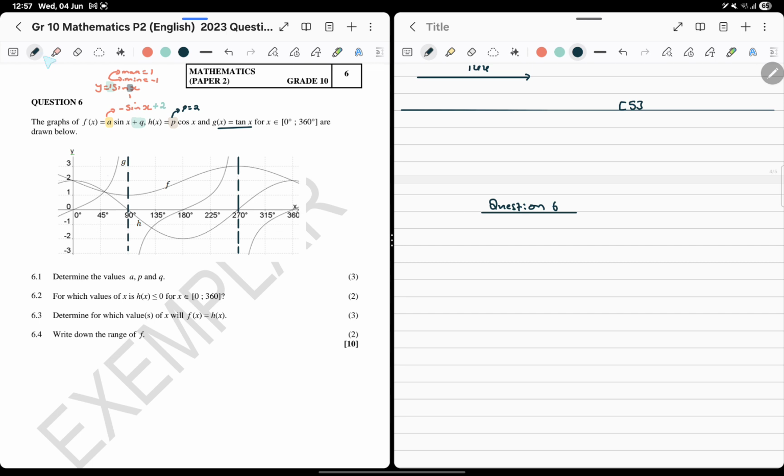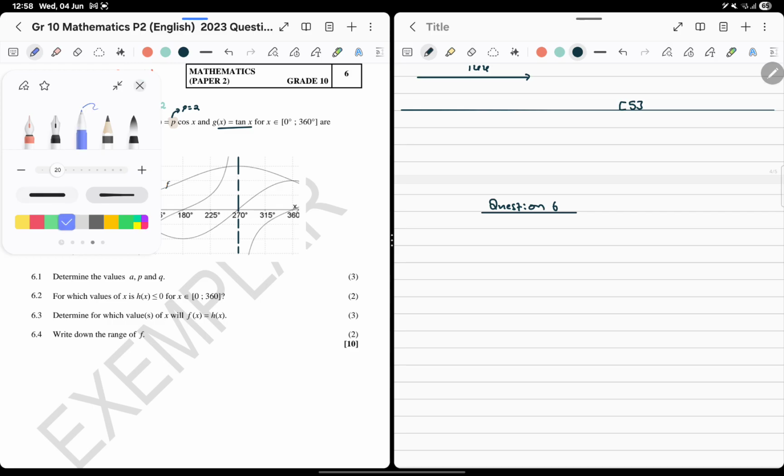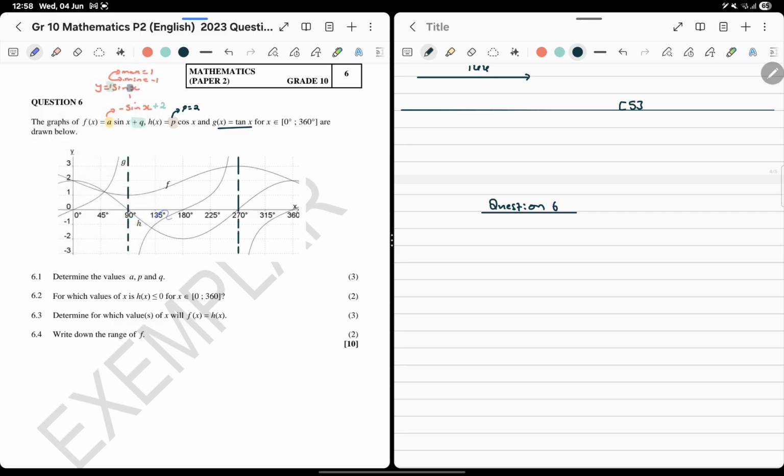Well, what we can notice is that the extra stuff here is that there are points of intersection between the graphs. That point, there's no way of knowing it without a calculation. That point, there's no way of knowing it without a calculation. But this one is very clear that it's at 360 and 2.